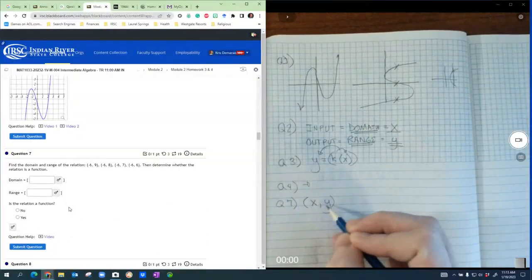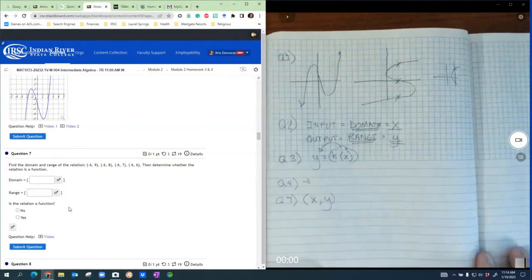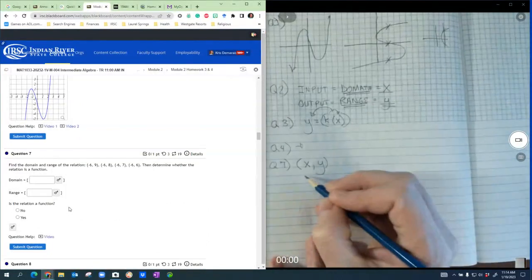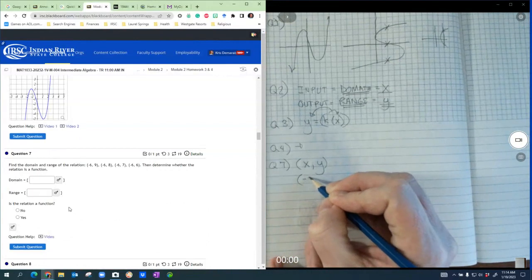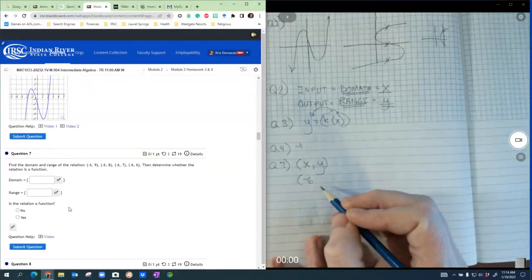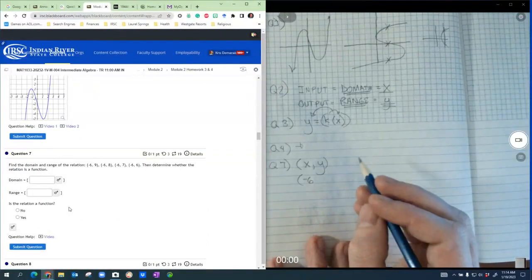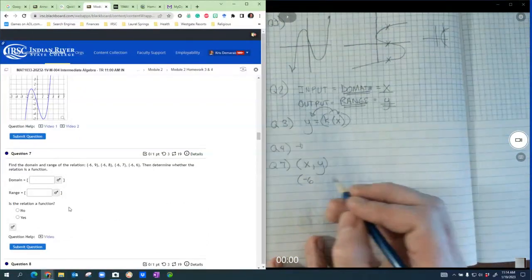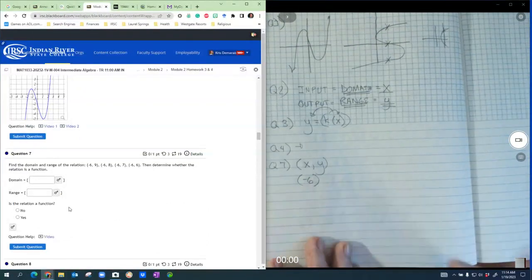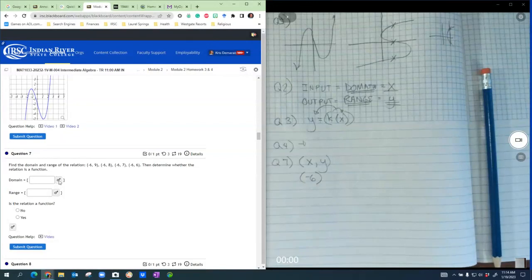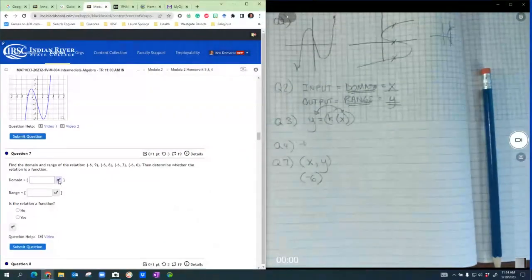When we have a coordinate point made up of an x and y, we are looking for the input values, which are going to be -6, and you can see that -6 is repeated multiple times. So the domain is -6.